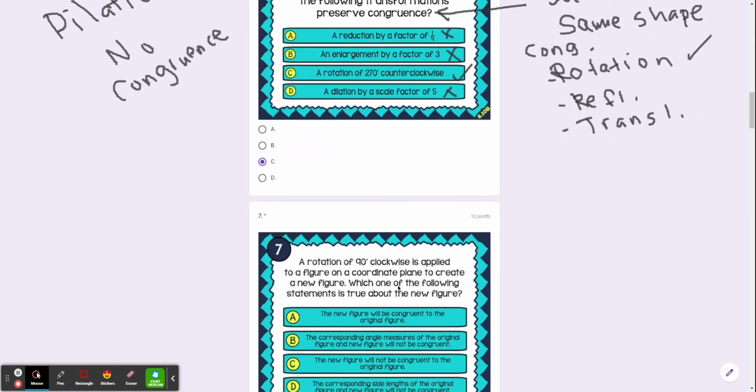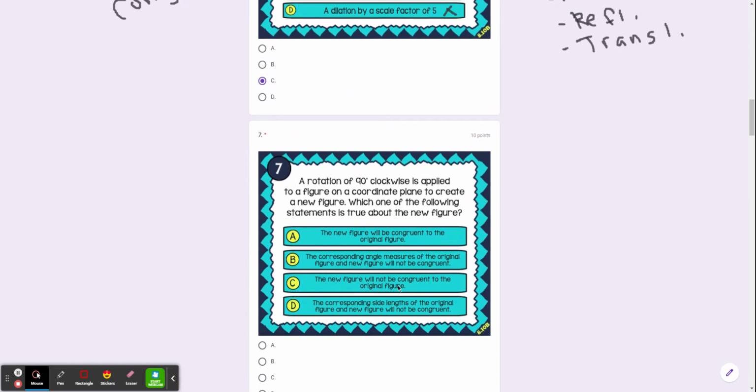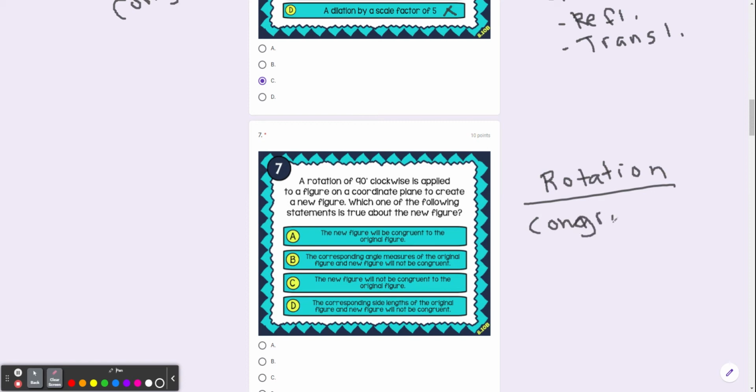Now let's move on. Number 7. A rotation of 90 degrees clockwise is applied to a figure on a coordinate plane to create a new figure. Which one of the following statements is true about the new figure? We're talking about a rotation, so let me write down what I know about a rotation before I read these answer choices. A rotation maintains congruence, but it does not keep its orientation.